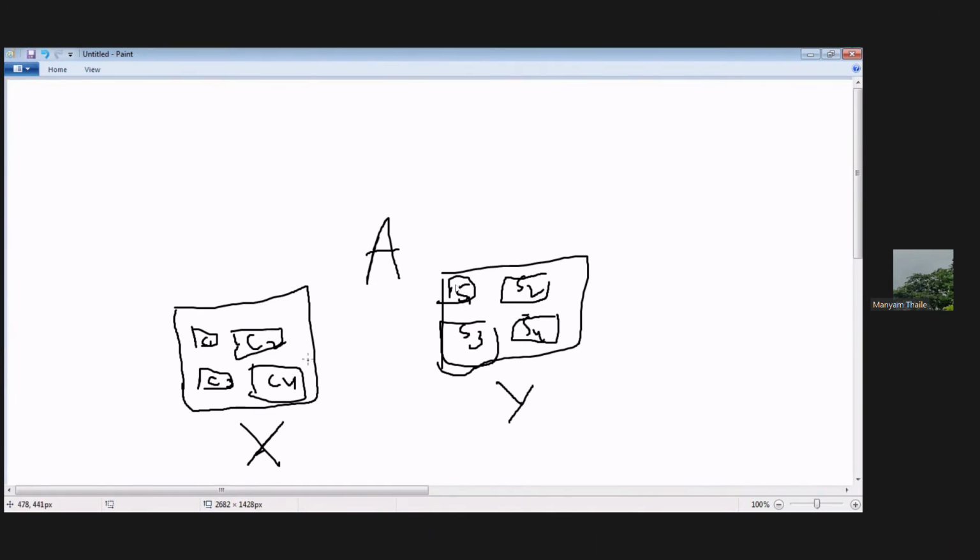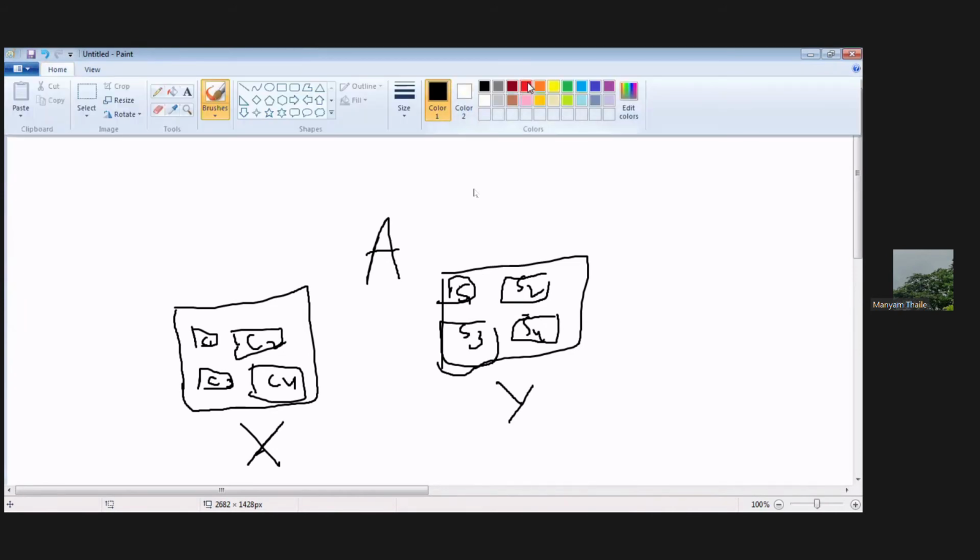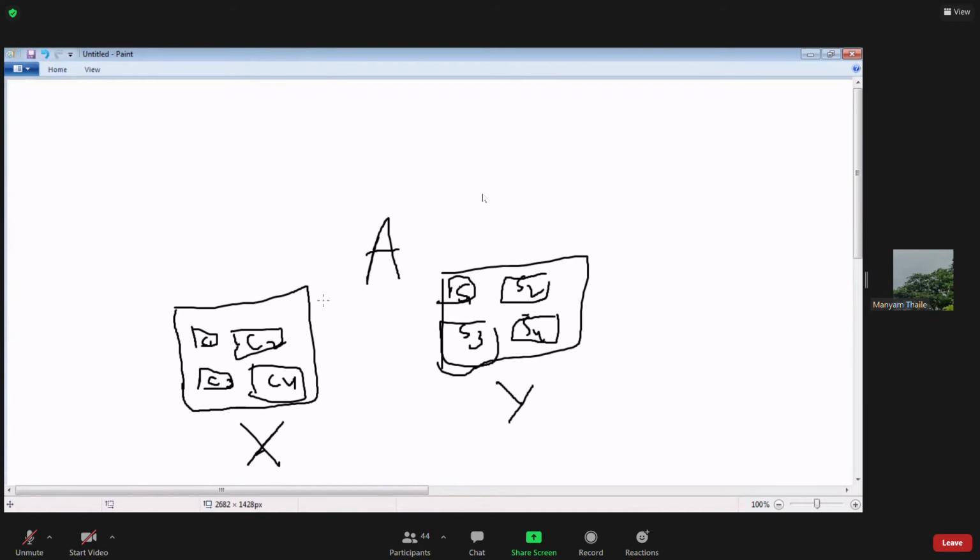In these 4 bags and in these 4 bags, how does he calculate? He doesn't know how to calculate, so how do we calculate? Use some technique.